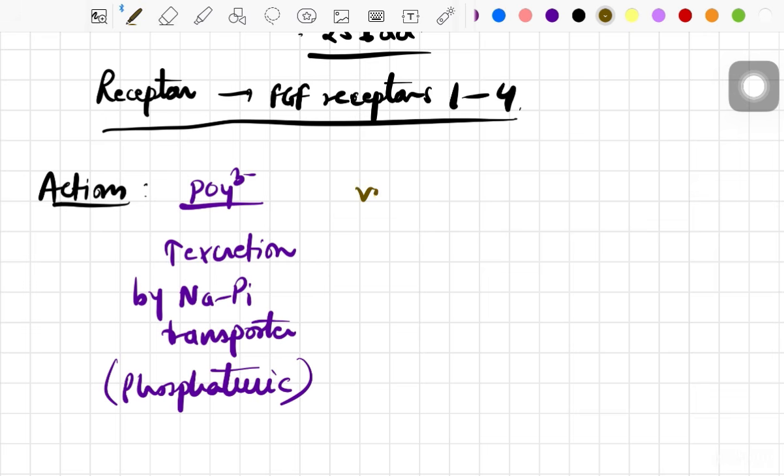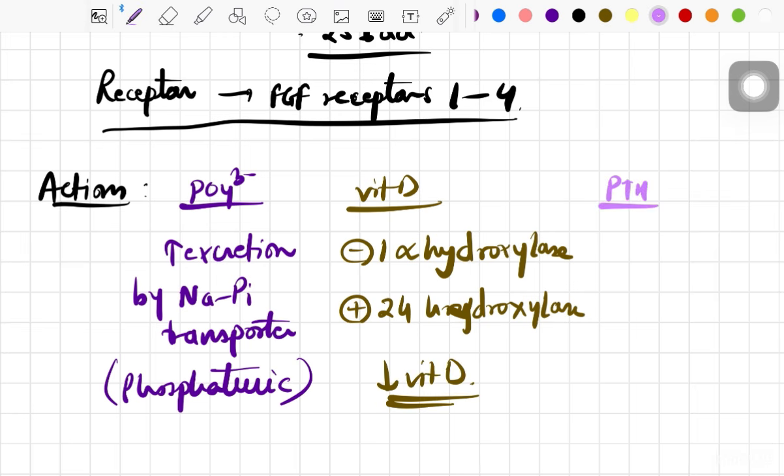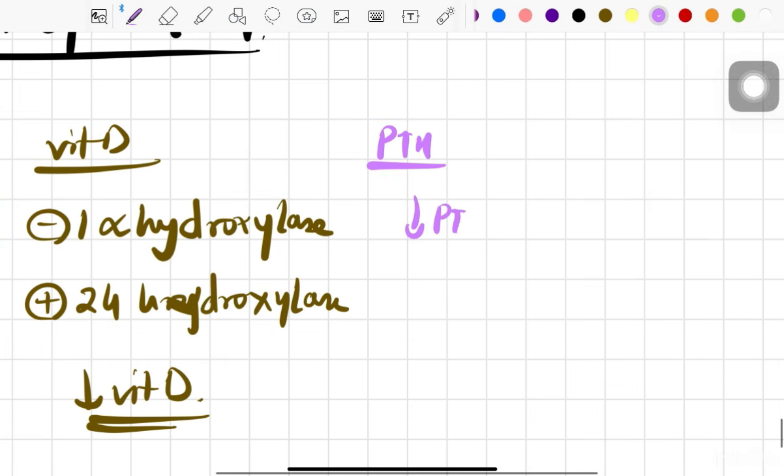So it decreases the levels of phosphorus. Upon vitamin D, FGF23 inhibits the enzyme 1-alpha hydroxylase, and hence it decreases vitamin D levels. Also, it stimulates 24-hydroxylase, and we know 24-hydroxylase inactivates vitamin D. So overall, it decreases vitamin D levels. Next, over PTH, the action of FGF23 is that it decreases PTH release from the gland.